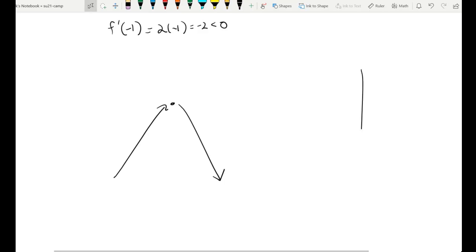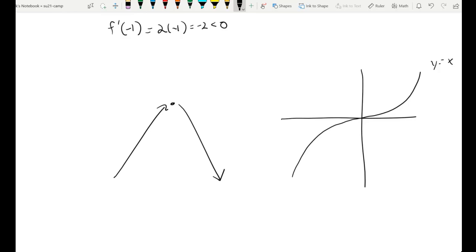If you have a function like our cubic, y equals x cubed, you see there would be a problem because your function is increasing to the left of 0 and it's still increasing to the right of 0. So we have neither a max nor a min at 0, if that makes sense. You'll only have a max if you're increasing first and then decreasing.